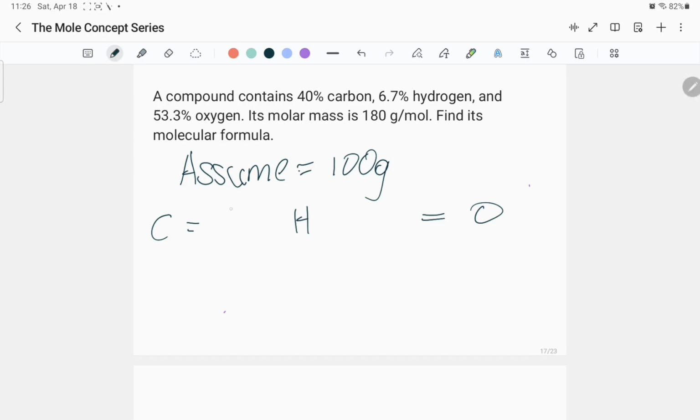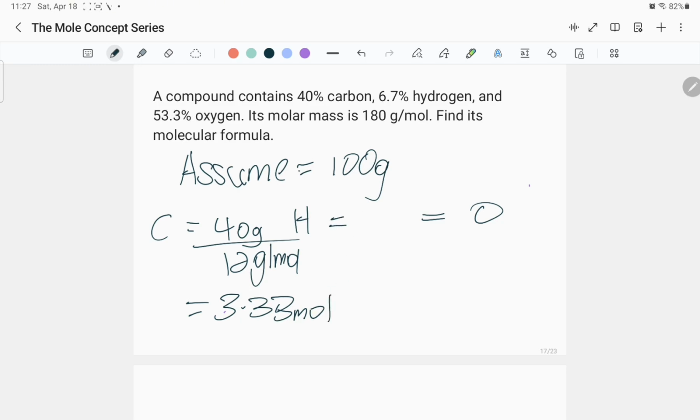So carbon, which is 40 grams, divided by 12 grams per mole, that's 3.33 moles. For hydrogen, it is 6.7 grams divided by 1, and that will be 6.7 moles.